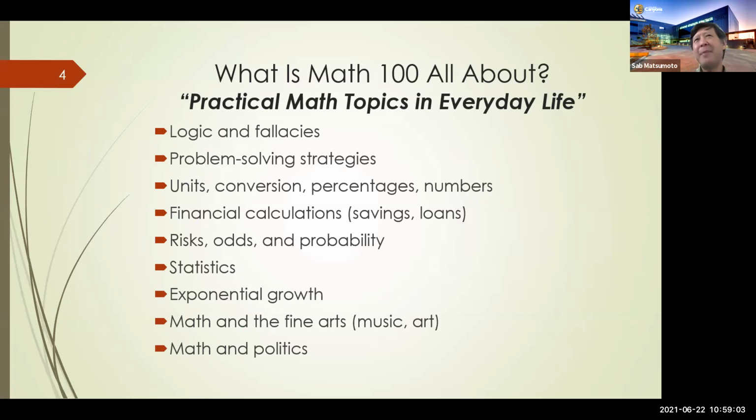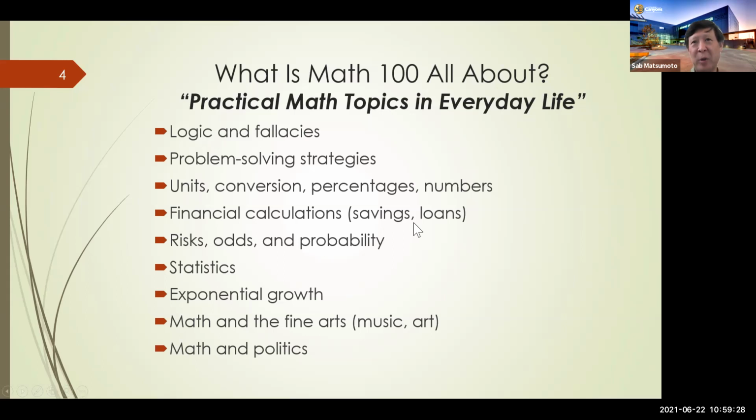Okay, so what is Math 100 all about? What in the world is liberal arts mathematics? Okay, well, it is basically a practical math course with practical math topics in everyday life. So we will study logic and fallacies, problem-solving techniques, units, conversion, percentages, and numbers. These are some of the basic and most useful things in everyday life.